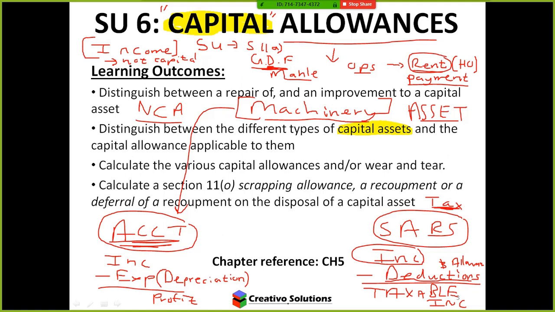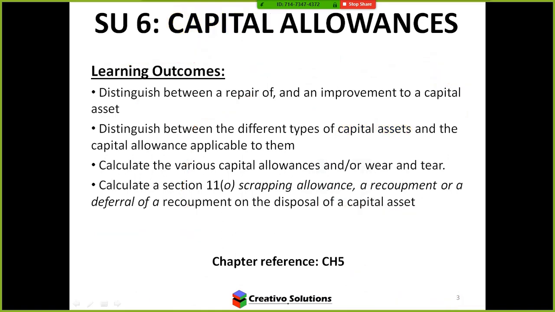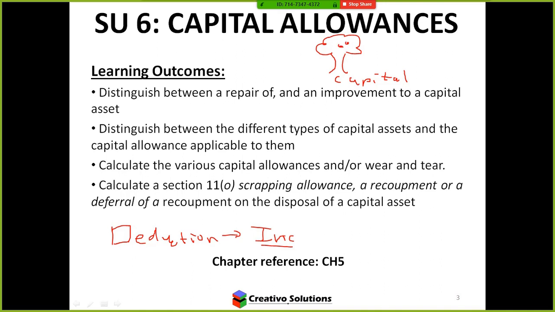The word deduction relates more to income, in other words, daily operations. It's almost like that whole tree and fruit principle, where we spoke about the tree being capital and the fruit being the income.